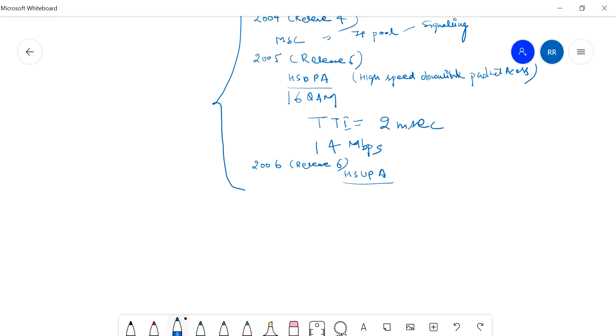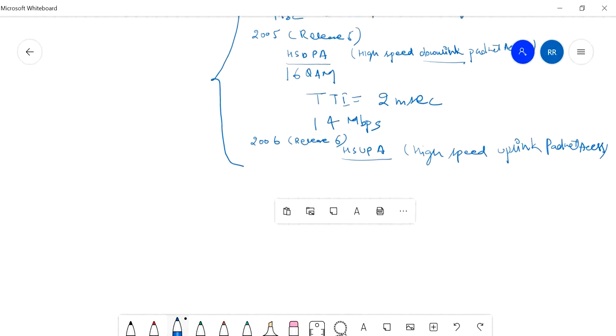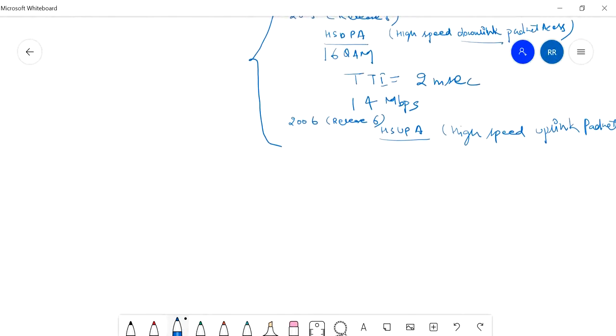Like HSDPA was for downlink, so it is for uplink. Now in that, the uplink speed used to be around 14 Mbps.